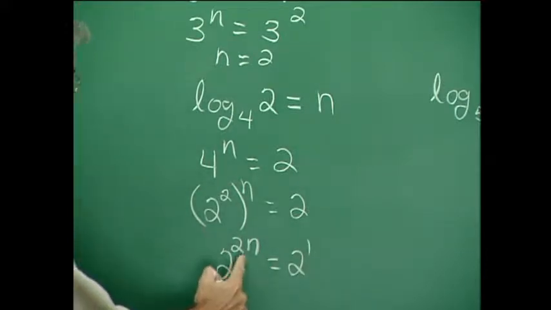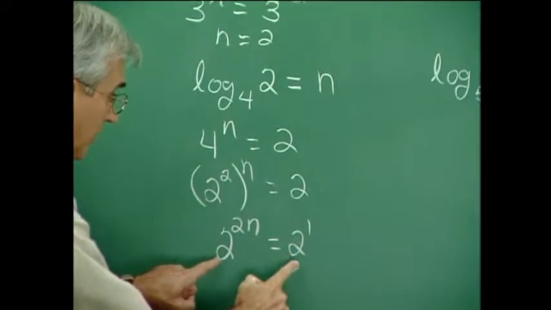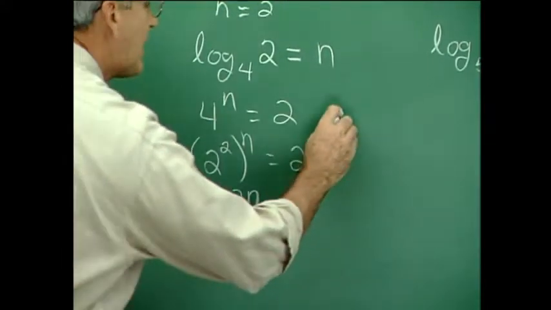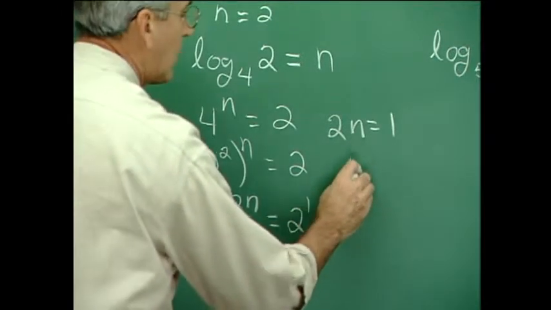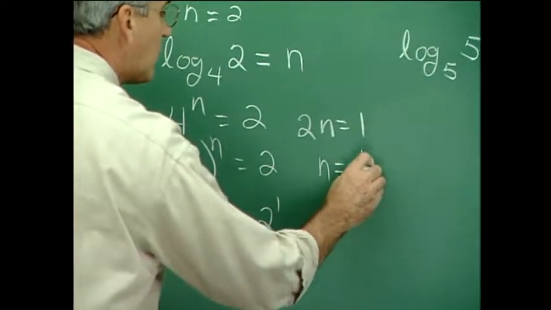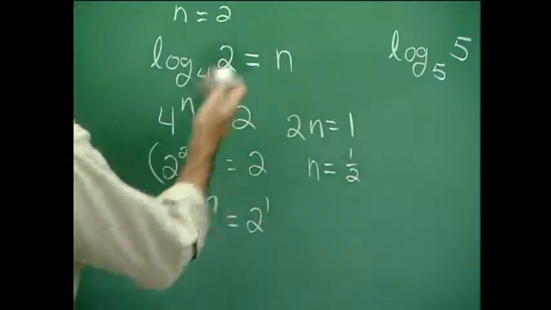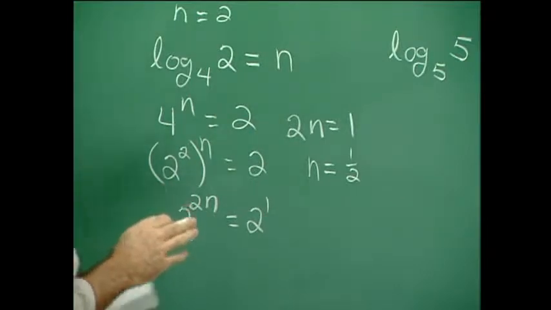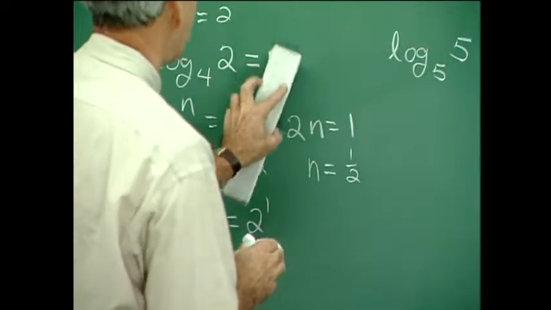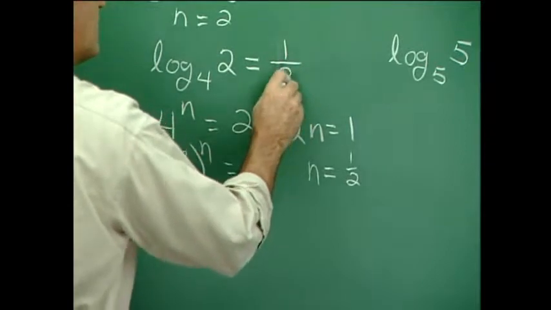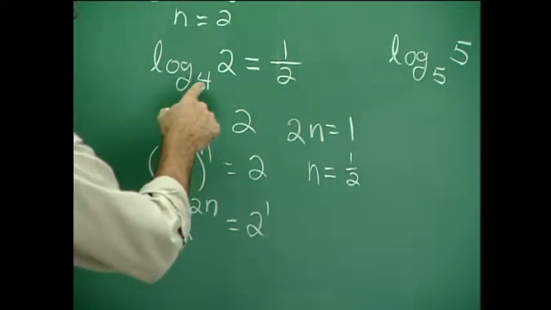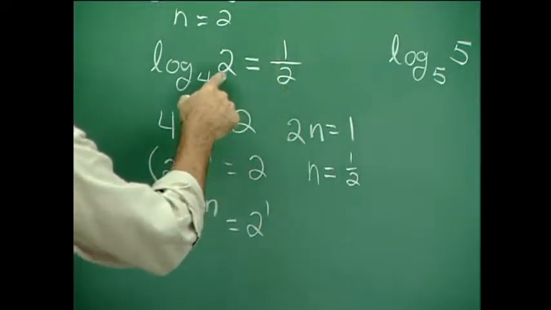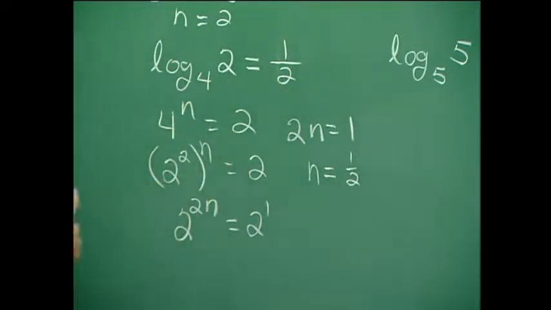And now we can set the exponents equal to one another because those bases are alike. So we can say then that 2n is equal to 1. And dividing on both sides by 2, we find n to be 1/2. So the n here is 0.5 or 1/2. Now you might be thinking, let's verify that. Is it true that 4 to the 1/2 power is equal to 2?